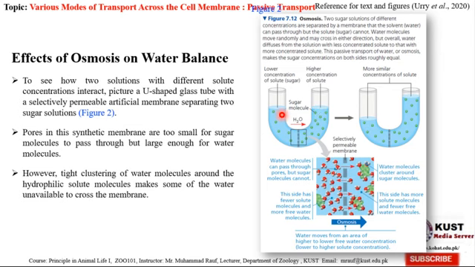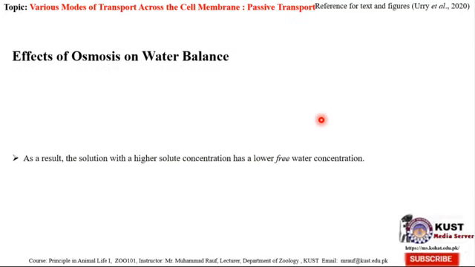So the free water molecules are higher on this side and lower on this side. The movement of the water molecules will be from an area where their concentration is higher towards an area where their concentration is lower.